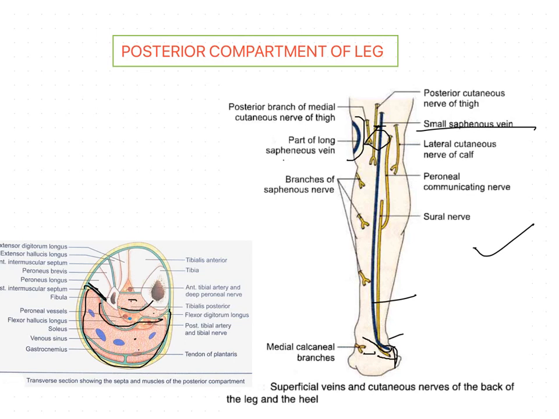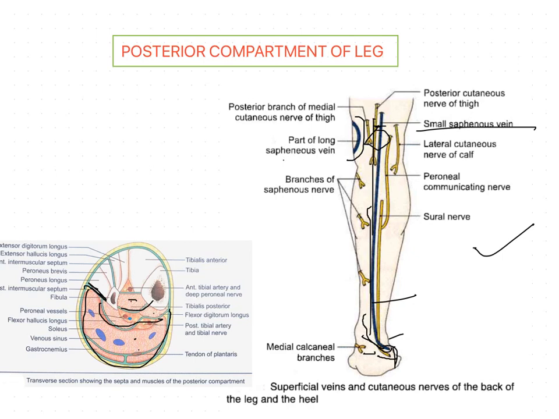In the leg it ascends lateral to the tendocalcaneus and then along the midline of the calf. Here you can observe this is the midline of the calf, and finally it ends in the popliteal fossa. So this is about the superficial veins seen on the posterior aspect of the leg.